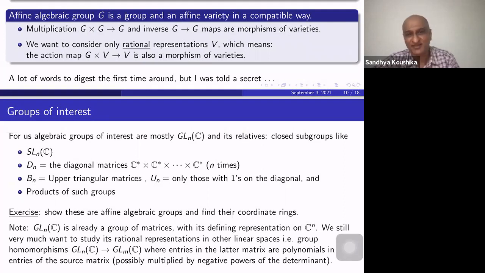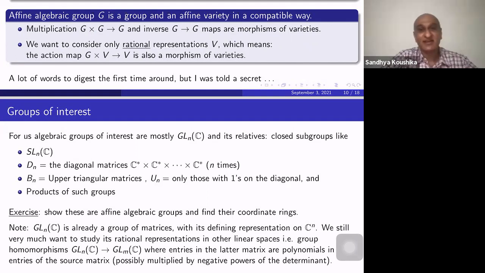But the point is that's very definitely not the case. GL_n comes with its own natural representation, but I still do want to study its representations in other linear spaces. So I do want to study homomorphisms from GL_n to some other GL. Now, this is also worth keeping in mind. I want this to be a map of varieties. It's not an abstract map.